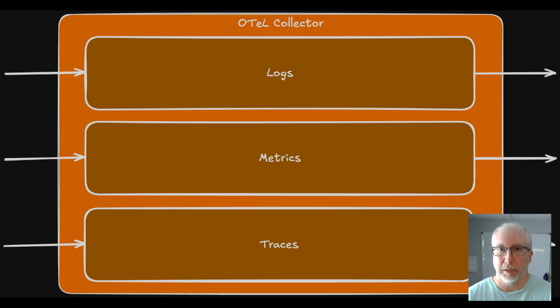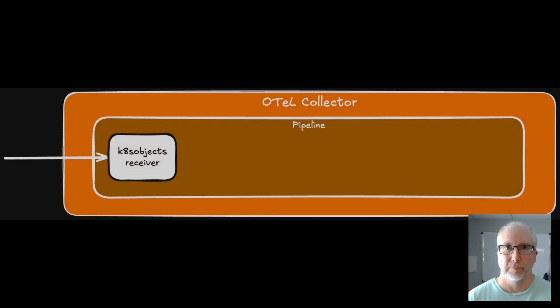So each pipeline itself has several components that are configured within it to actually do the work. First, we need a way to get that telemetry data into a pipeline. This is done by receivers. Depending on the specific receiver in a pipeline, it will either receive data pushed to it from outside the pipeline, or it will go and fetch data and bring it in itself.